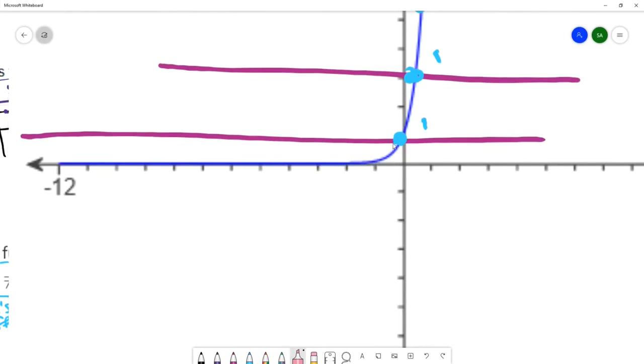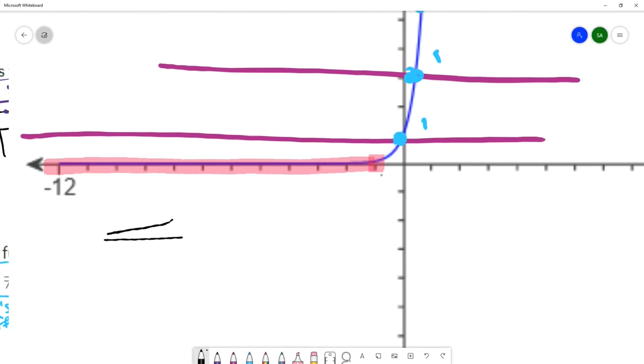But this portion of the graph never turns into a horizontal line. There's always going to be a little bit of a gap in between this line and the x-axis. Even though we can't see it, if we were able to zoom into this, there would always be a little separation between the line and our graph.